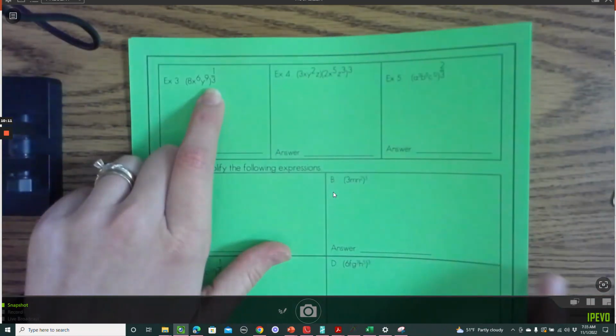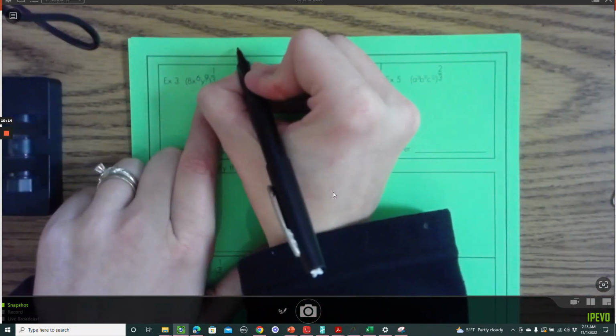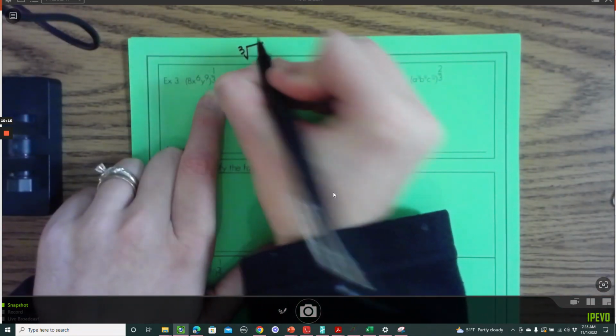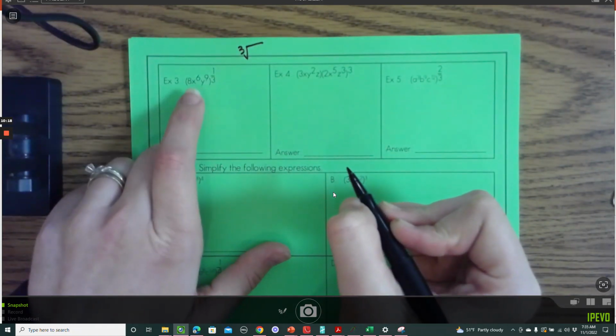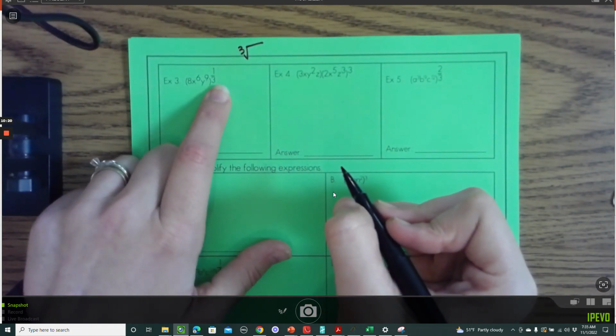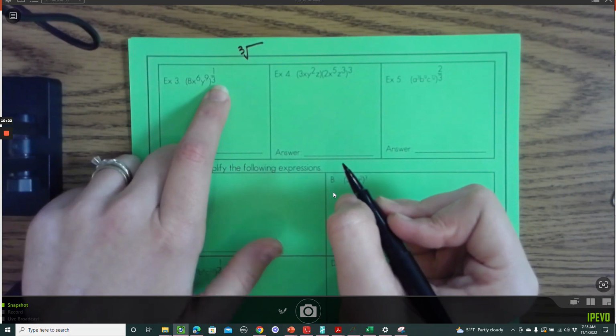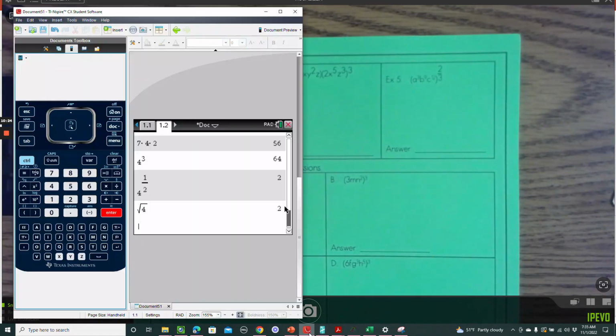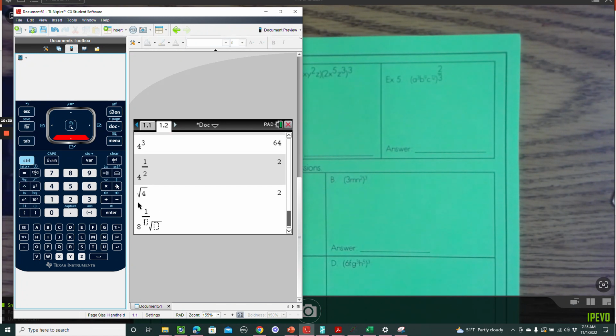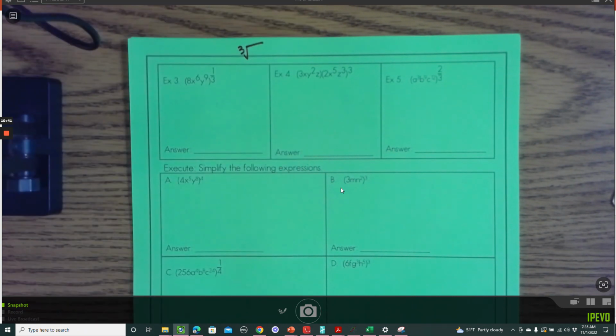So raising something to a third is the same thing as cube rooting it. Okay, and again, you can do the exponent part in your calculator. 8 to the third, you can type it in just like that, 8, and you would raise it to an exponent, and that exponent you're going to make a fraction. 8 to the third gives me a 2, and that is the cube root of 8.